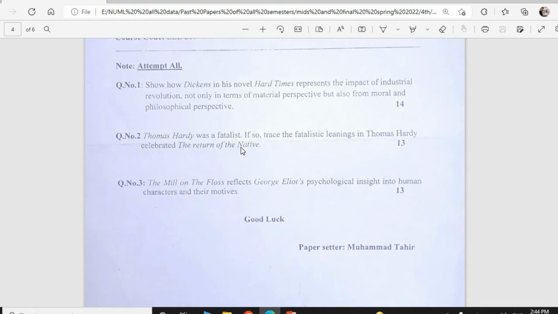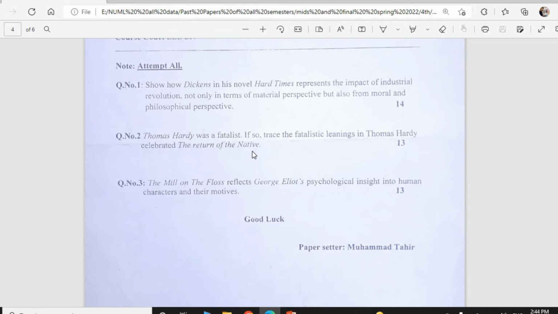If I get some time, I'll cover that topic as well, or if you need any material regarding that, all the notes are available on my blog. Fate, the role of fate, fatalism, is one of the most important themes in The Return of the Native. So keeping in view that theme, you have to discuss.